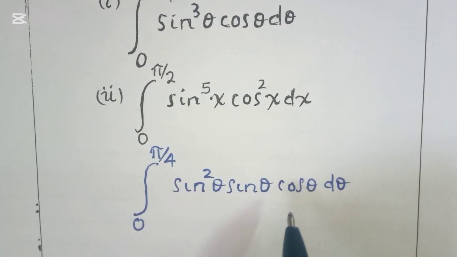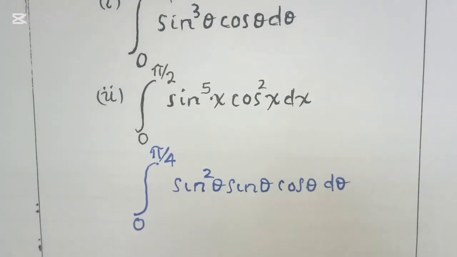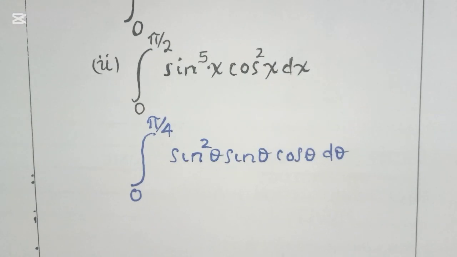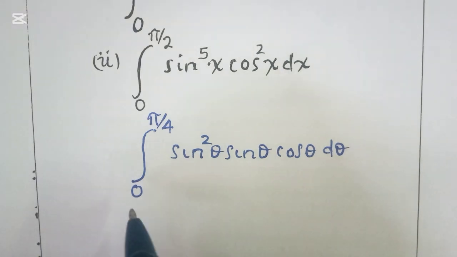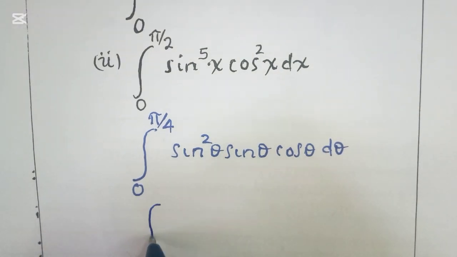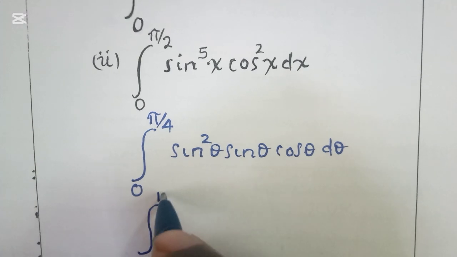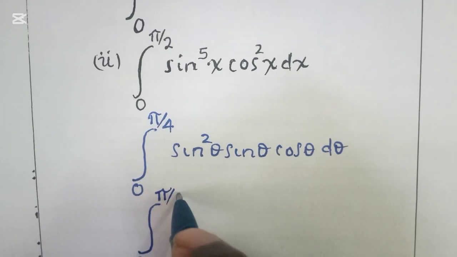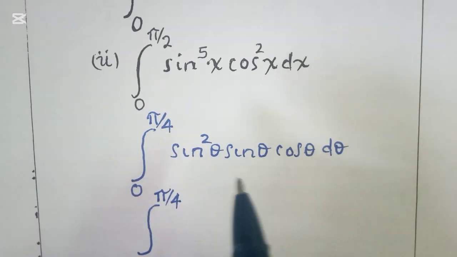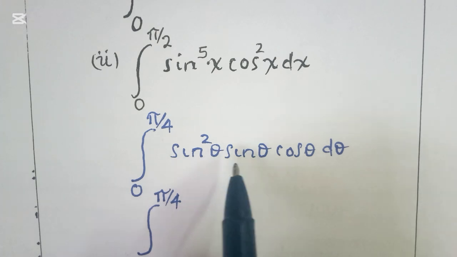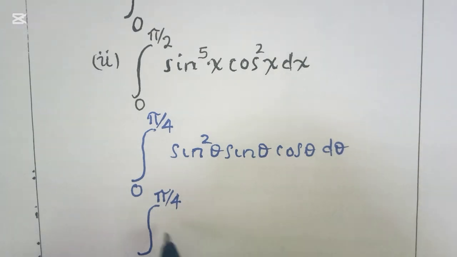But before I do that, guys, let me go another step further and show you what I want to do. That is from 0 to pi over 4. So I'll write the sines, and this sine I'll write at the end.